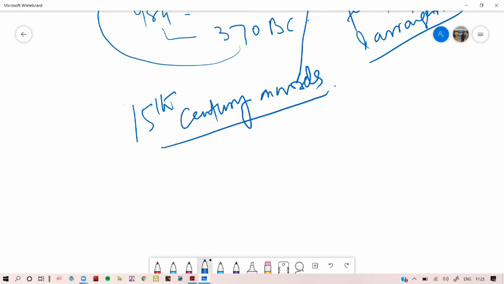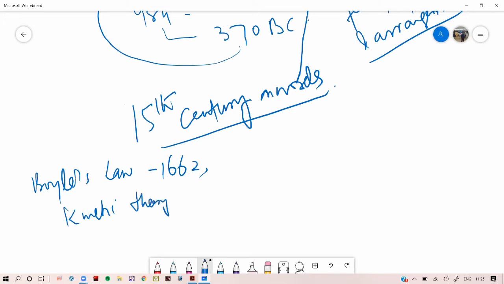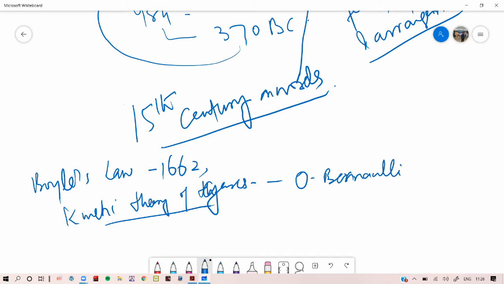And the gas laws which were discussed, like we have Boyle's law in 1662. The interpretation of the kinetic theory of gases was there. This was from Bernoulli in 1738. So I am moving forward now.